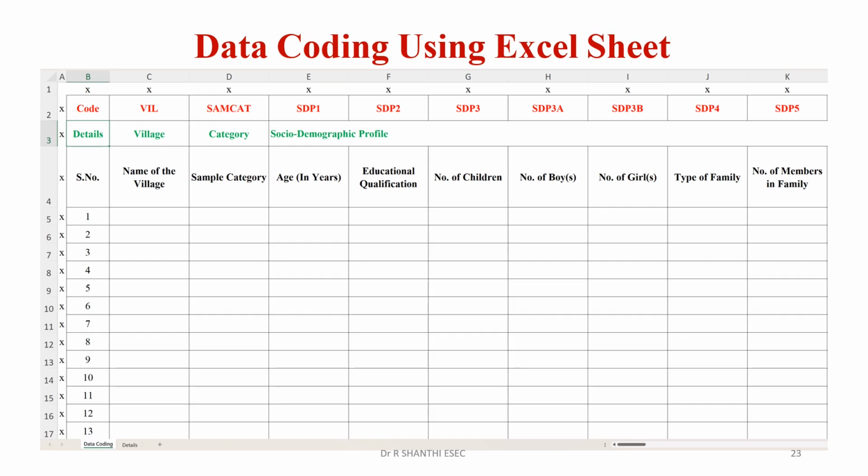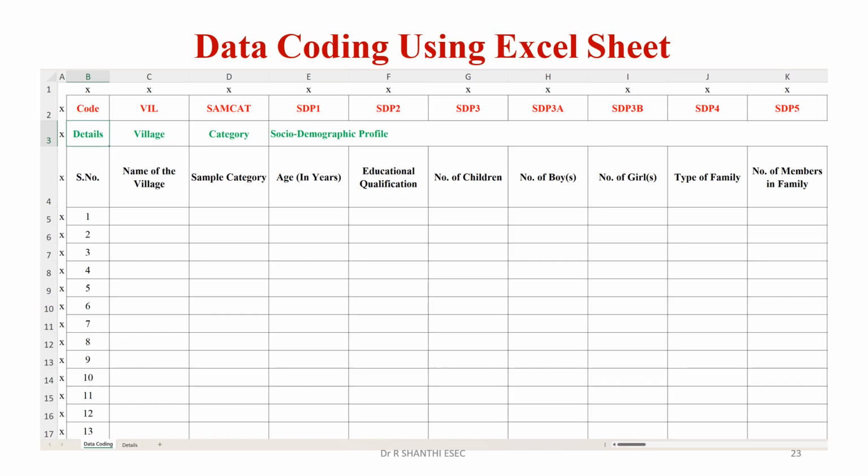In the variable view, you need to explain the variables: what options you have used to measure that particular variable, what the level of measurement is, whether nominal, ordinal or scale, and how you have given coding. For example, for male you have given 1 or for female you have given 1. All those details you have to provide in this sheet.